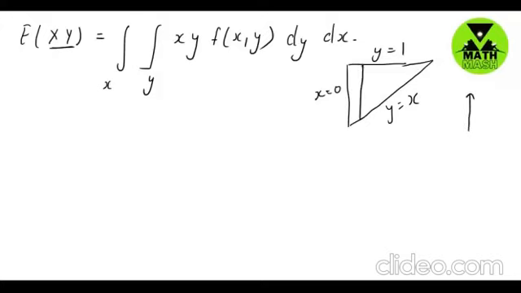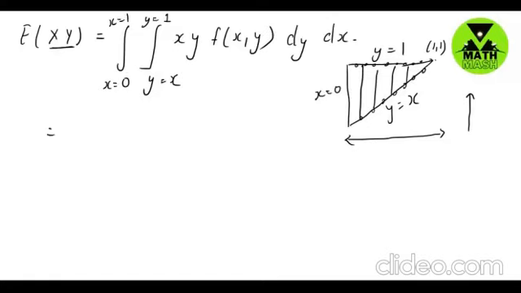The bottom points lie along the line y equals x, so the lower limit for y is x, and the topmost points lie along the line y equals 1. The x values vary between 0 and 1, because this point is (1,1). So x equals 0 and x equals 1 here.